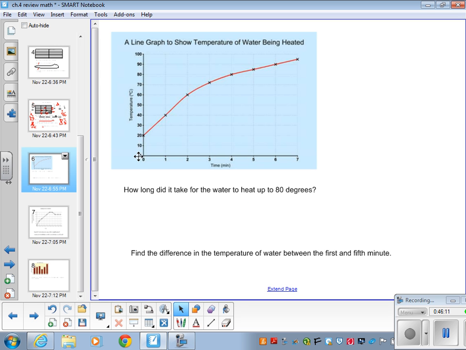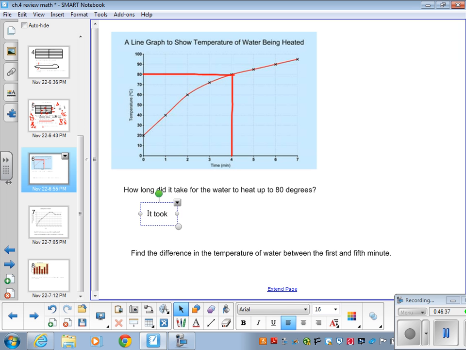Well, I look over at temperature at 80 degrees, and on this line, it's a little hard to see, I stay on it with my finger until I get to one of the X's, and then I go down to see how long that took. There's our answer.